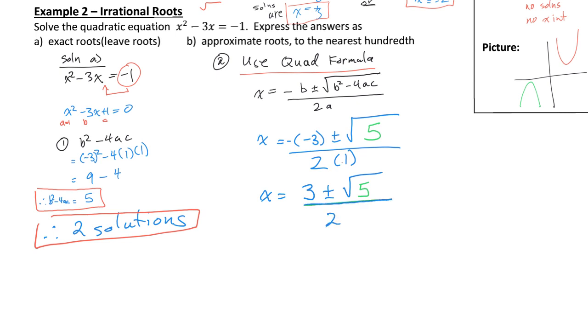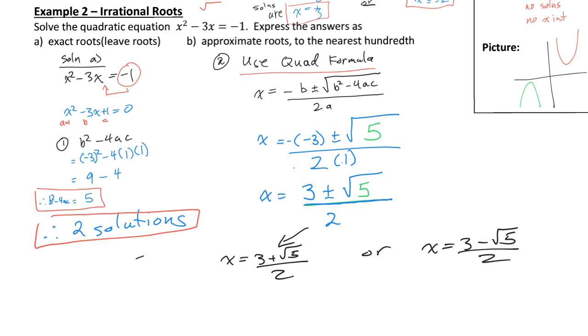Now our problem splits into two possibilities for the exact solution. I'm writing this in black now to emphasize it. We get x is equal to 3 plus root 5 divided by 2, or x is equal to 3 minus root 5 divided by 2.